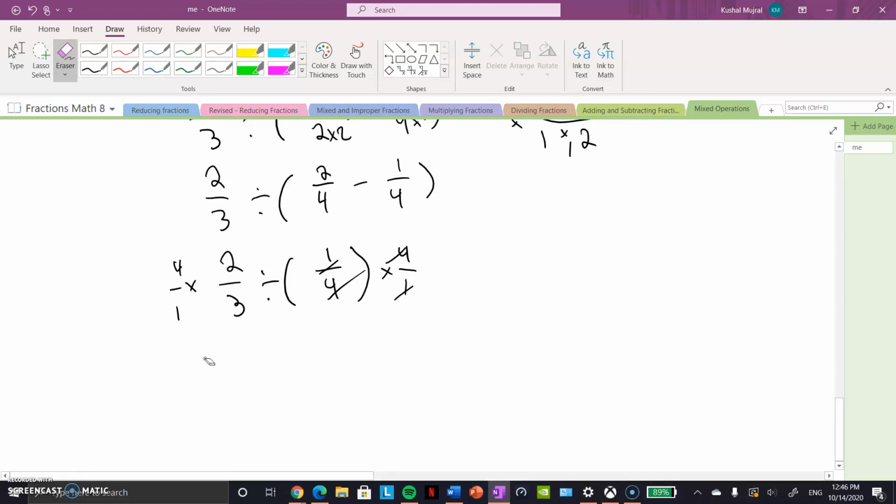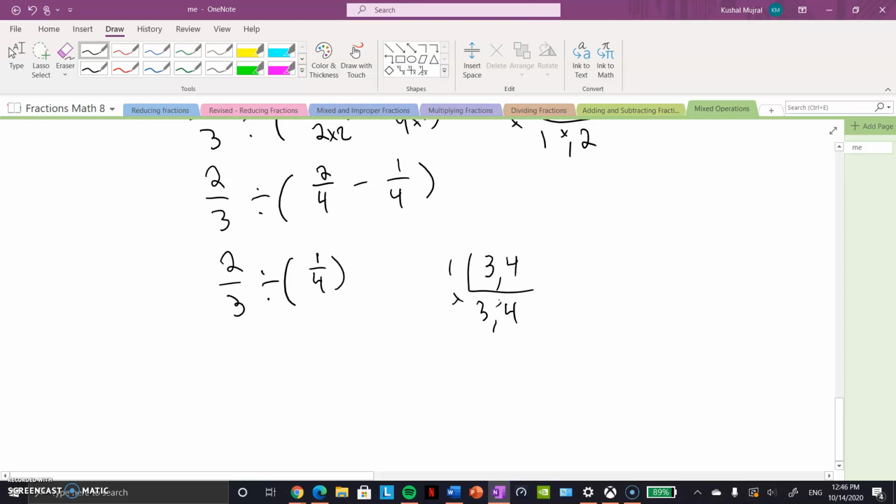And then the other way we can do this is getting the same denominator for both of them. So this would become, 1 over 4. Then you can find the lowest common denominator by putting it into a prime factorization. 3, 4, multiply these. This is 1 times 3 times 4, which is 12. So then you're going to multiply this by 4.